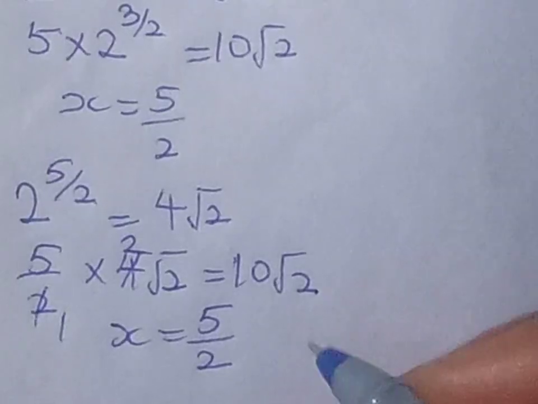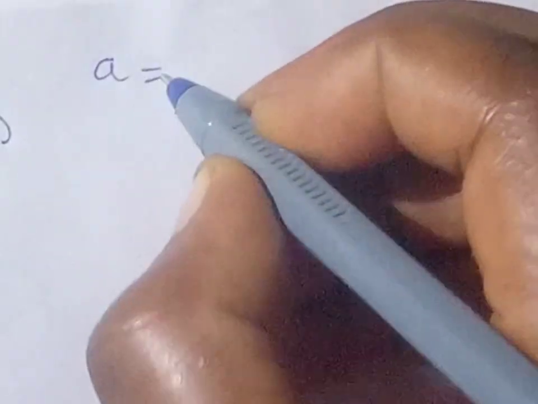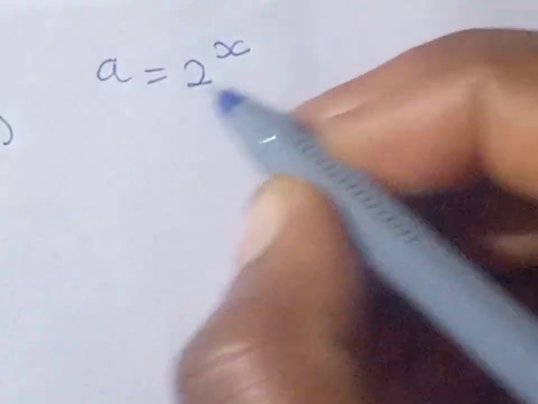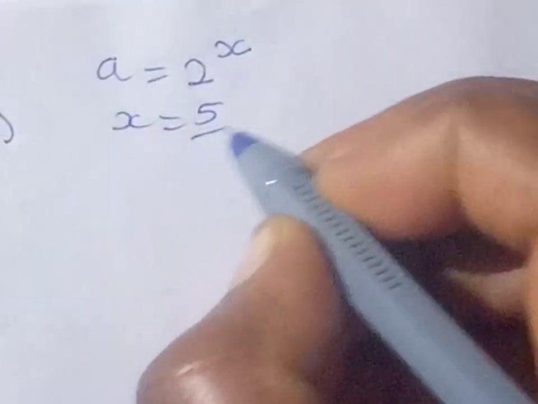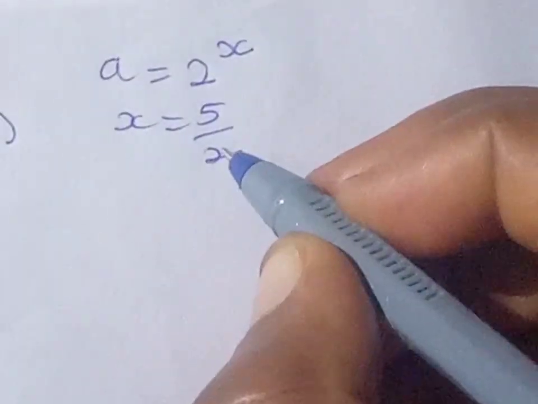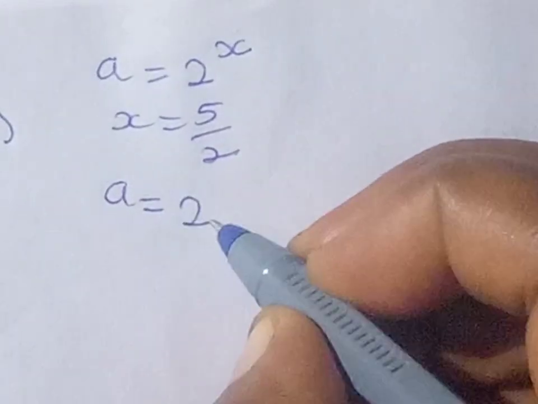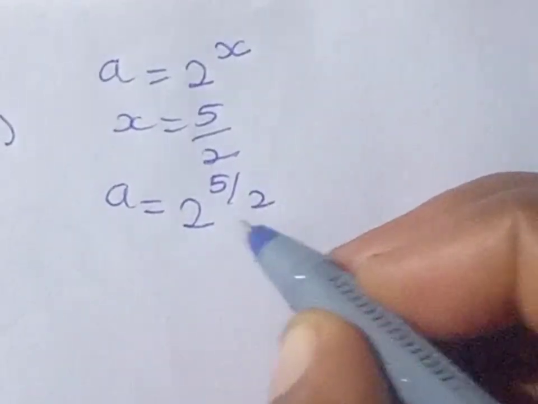The next thing is, let's find a. Since a equals 2 raised to the power of x, let's substitute x equals 5 over 2. That means a equals 2 raised to the power of 5 over 2.